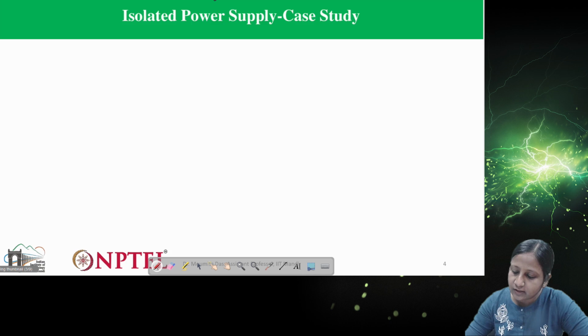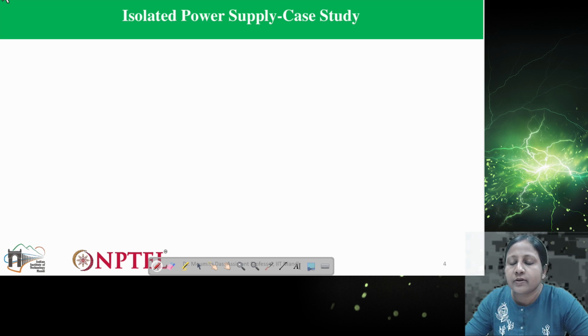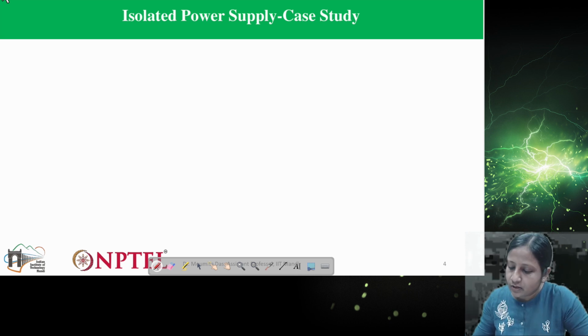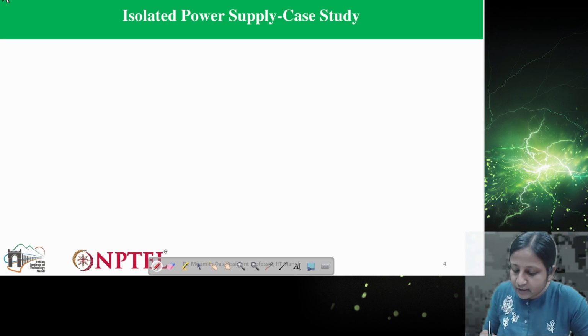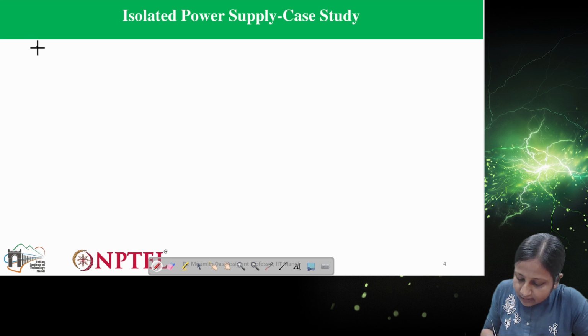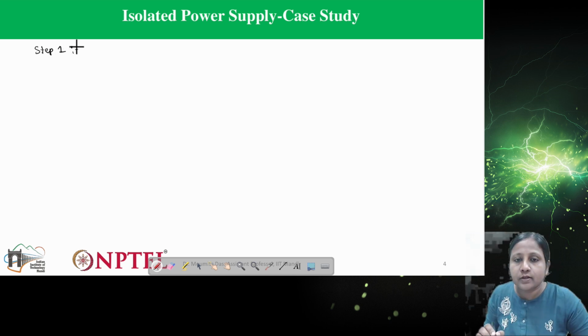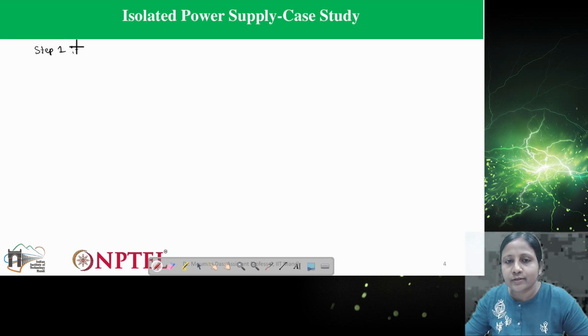So next thing, once we have the signal isolator, what we need to consider is the isolated power supply. Now once we have the signal isolator, then isolated power supply we can design. In this also we have to follow different steps. So the first step remains same. What is the isolation voltage for isolated power supply?